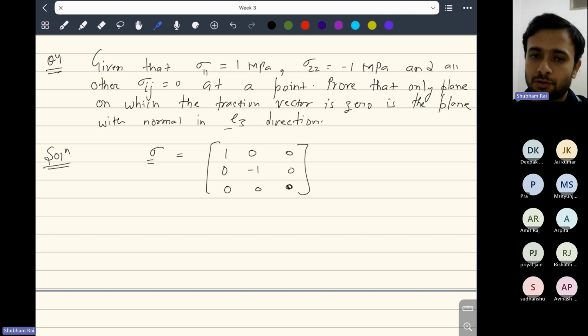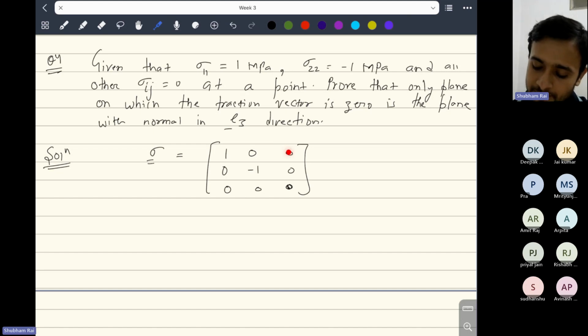And from this stress tensor only you can tell that the first column tells us about the traction vector on a plane with plane normal E1. The second column tells us about the components of the traction vector on a plane with plane normal E2. And the third column tells us about the traction vector on a plane with plane normal E3.